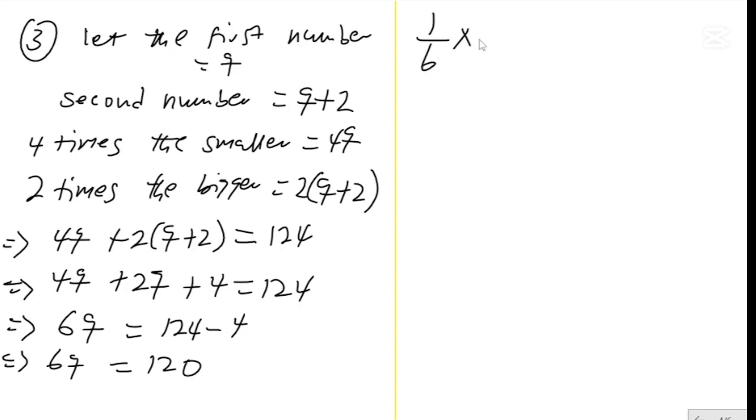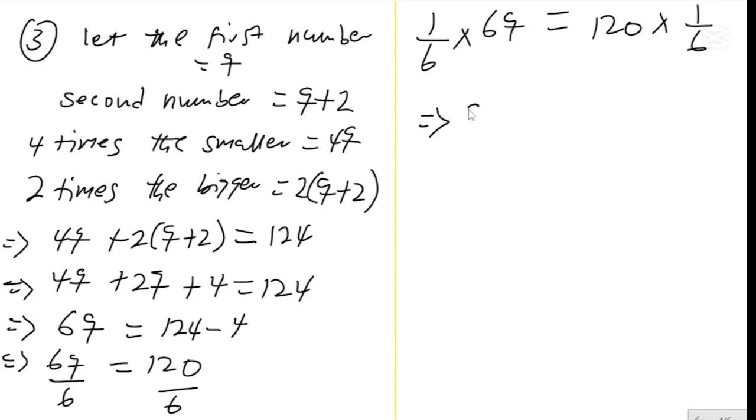When we take the multiplicative inverse of 6Q, we're having 120 multiplied by 1 on 6. This is the same thing as we always say, divide both sides by 6. It's the same thing. So this gives us Q equal to 120 multiplied by 1/6 is given as 20.